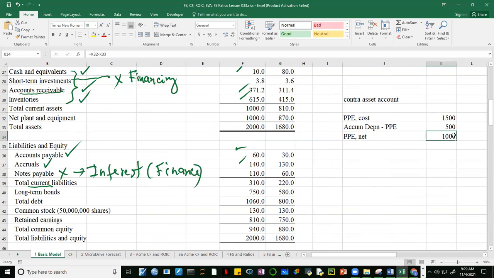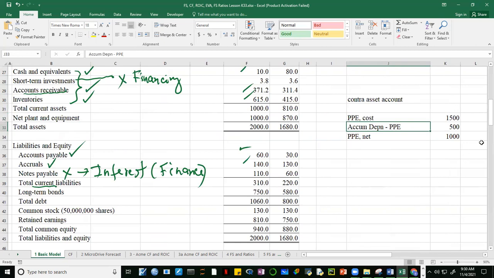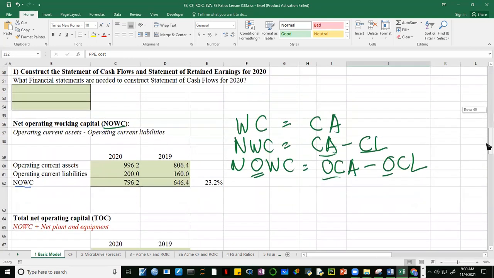Just be aware that the PPE net was acquired from cost less the contra asset, which is accumulated depreciation. Now the formula for total net operating capital requires that we use the net, not the cost. So be aware of that, guys.